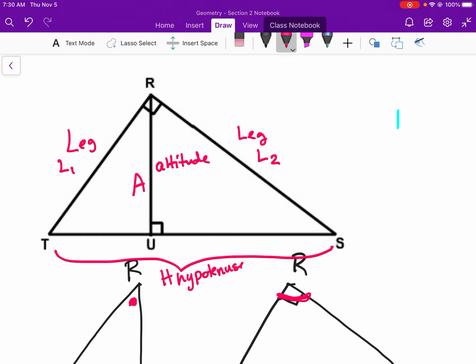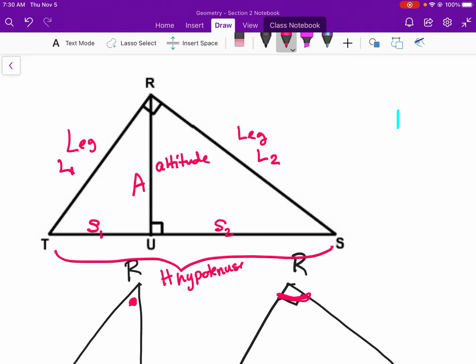Doesn't matter which one is 1 or 2. And then notice the hypotenuse is divided into 2 parts. So those parts we call S for side. So since this is leg 1 on the left side, I'm going to call that S1 for side 1. And then the one on the right I'm going to call S2 because leg 2 is on the right.